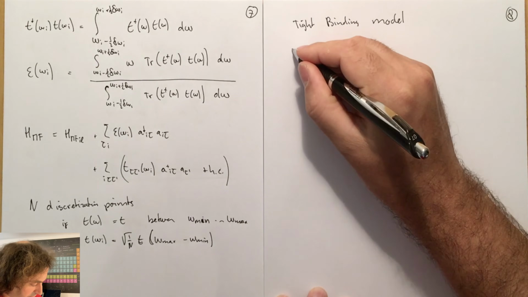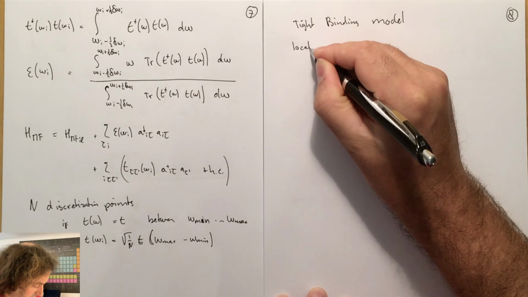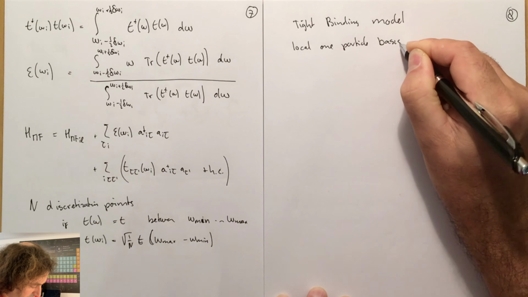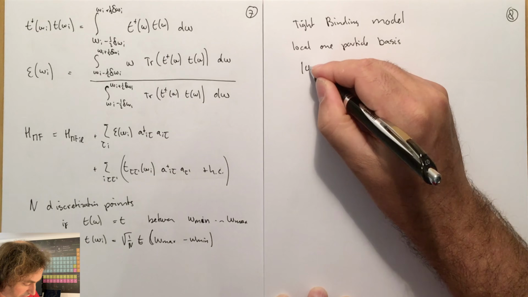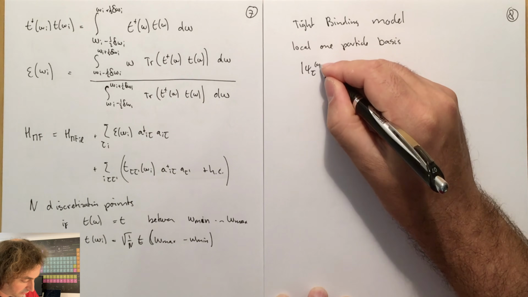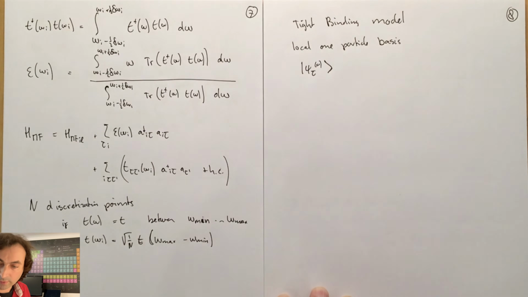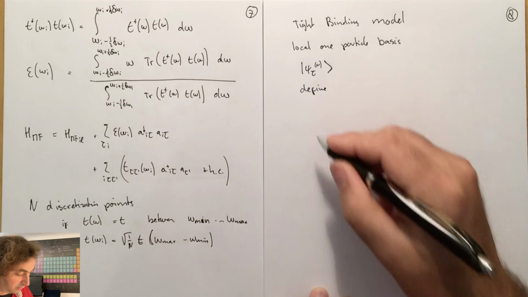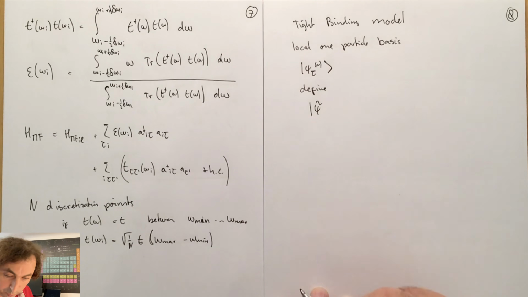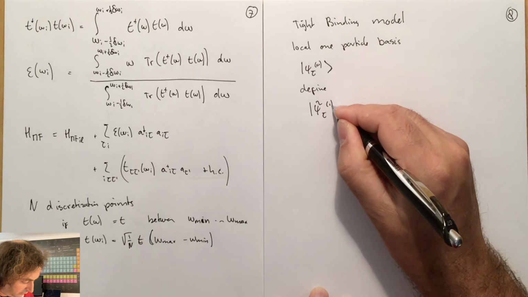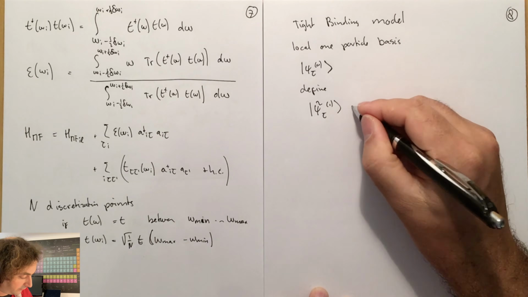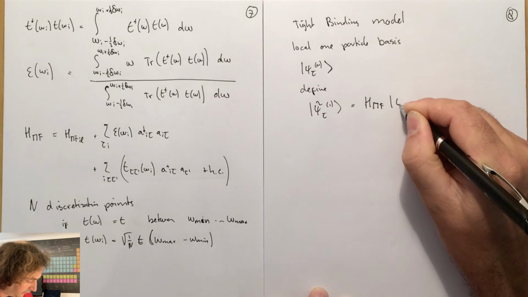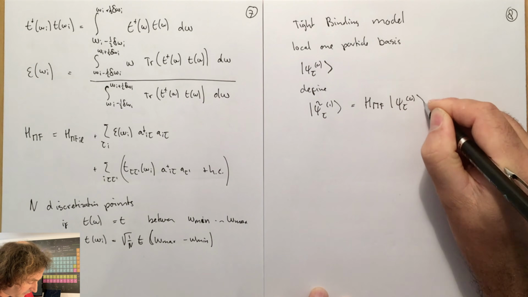So we start from a local one-particle basis. And let's call those phi tau 0. We now can define our bath states, and I put a tilde on top because they are not yet orthonormalized, and we define them by taking our full mean field Hamiltonian and acting on our local one-particle basis.